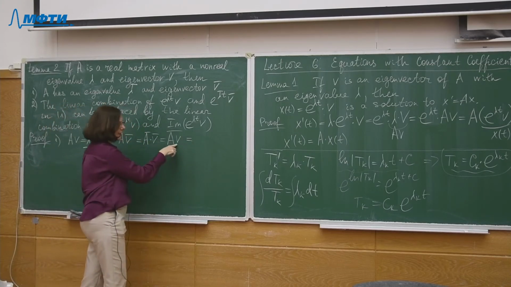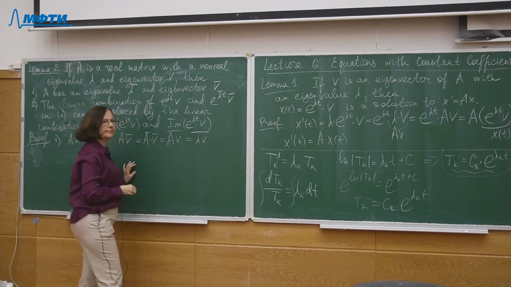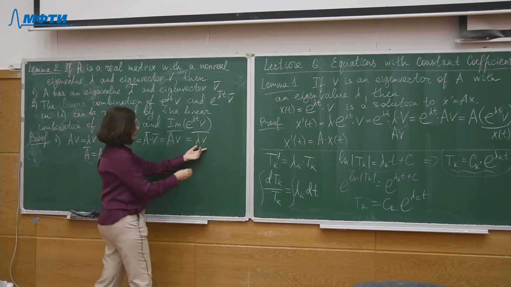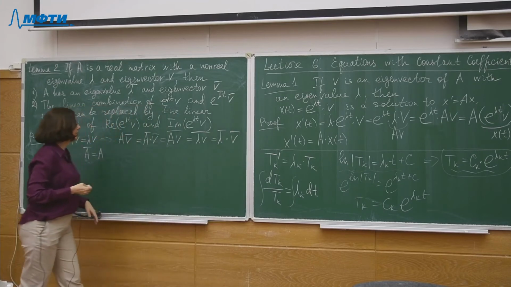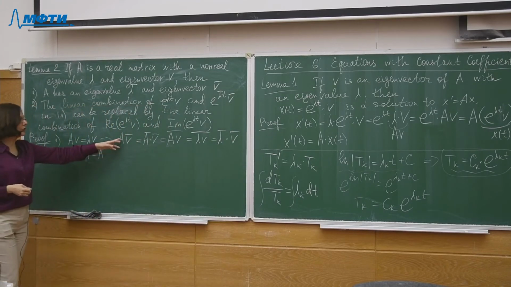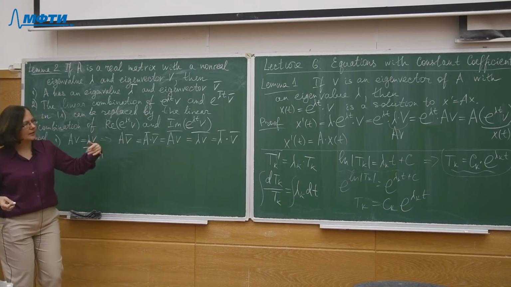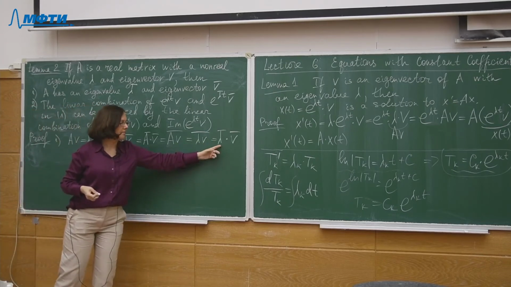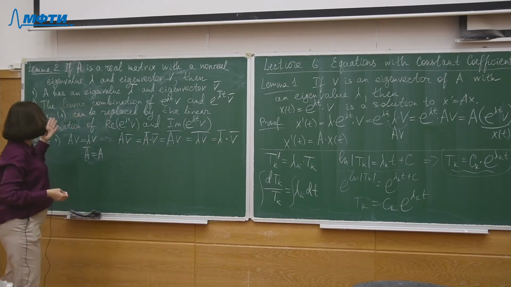Then we know that Av equals lambda v, so its conjugate is lambda conjugate times v conjugate. So we have proved that v conjugate is an eigenvector associated with the eigenvalue lambda conjugate, right? So the first part is proved.